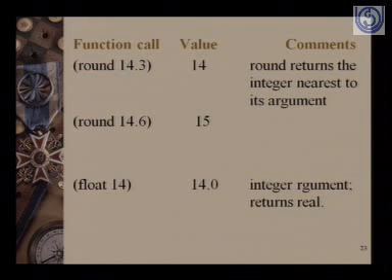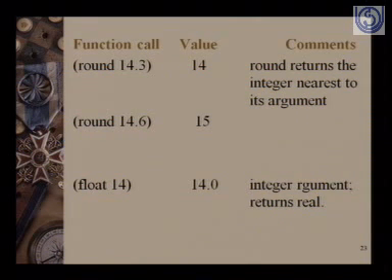Similarly, the word round is there. If you are given a number which is not an integer, for example 14.3, and you are interested only in its integral part, then round 14.3 returns the value 14. But again I emphasize that the pair of parentheses including the word round and 14.3 is not just 14, but it is the whole process through which you get the number 14.